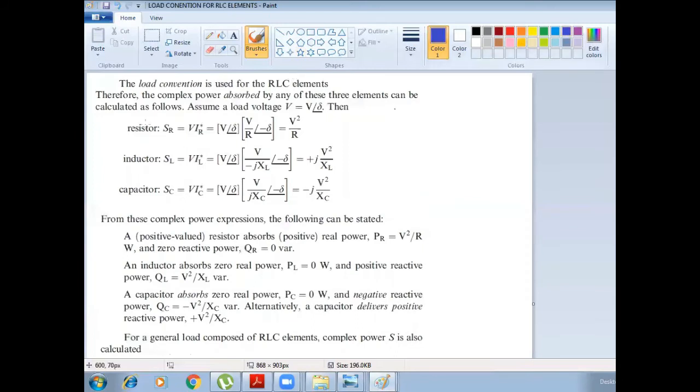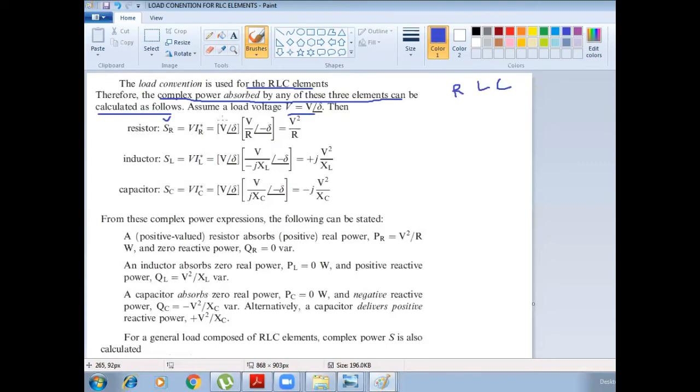Now let us see the load convention for the RLC elements. In most cases we will have the resistor, inductor and capacitor in the circuit. The complex power absorbed by any of these three elements can be calculated. Assume the load voltage V at an angle delta. The complex power absorbed by the resistor, SR, is given by V multiplied by the complex conjugate of the current IR.